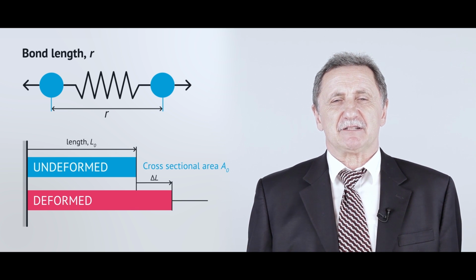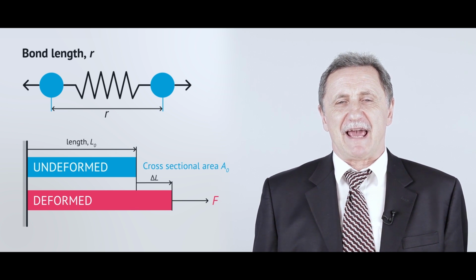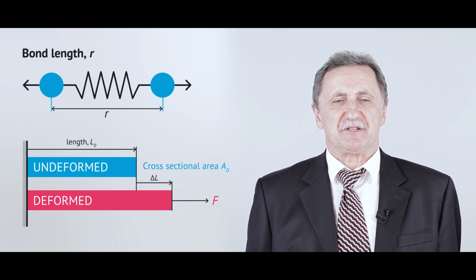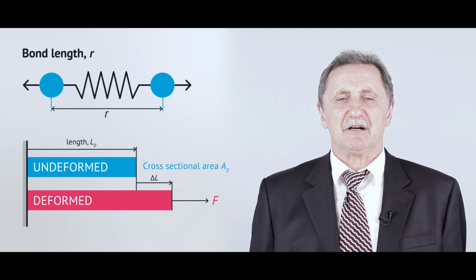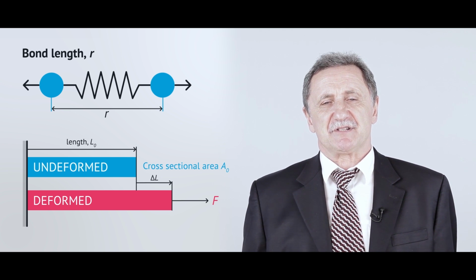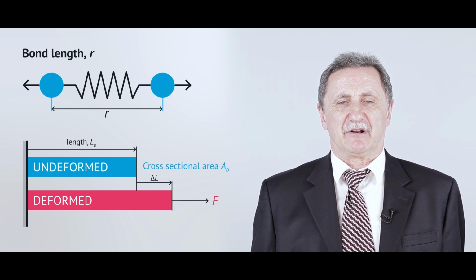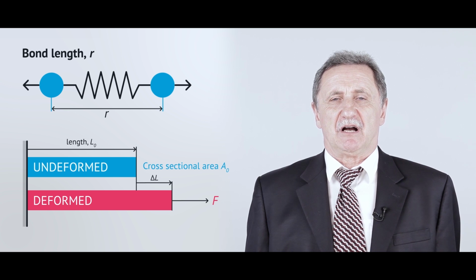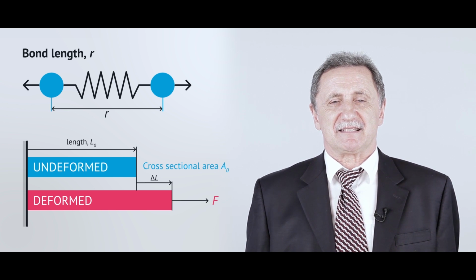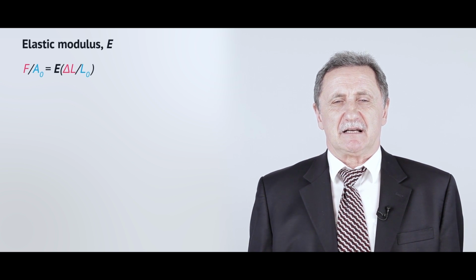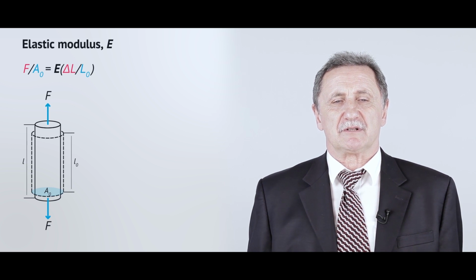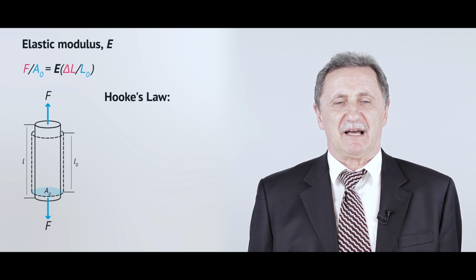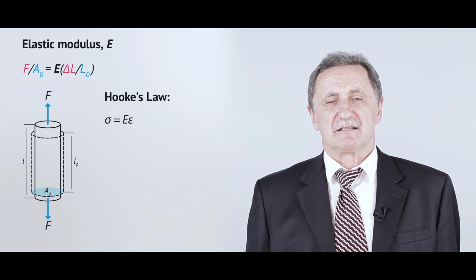Then we start to apply a load F between these two atoms, so the distance between them increases by some delta R. There is a very well known relation between the applied load and the change of length, the so-called Hooke's law, a linear relation between the applied stress and strain.